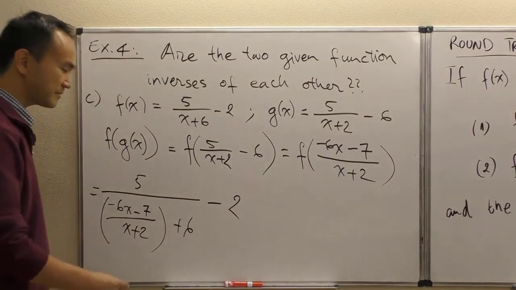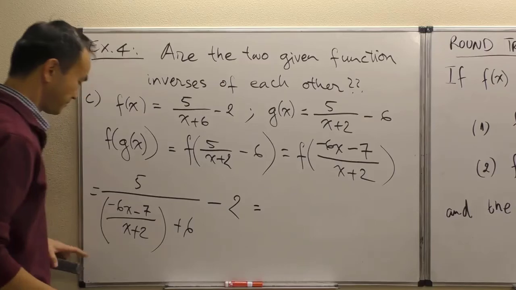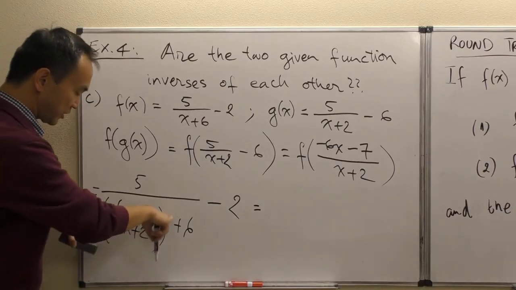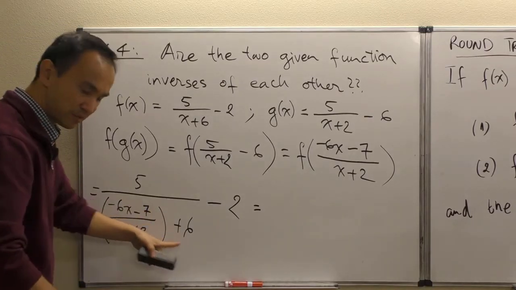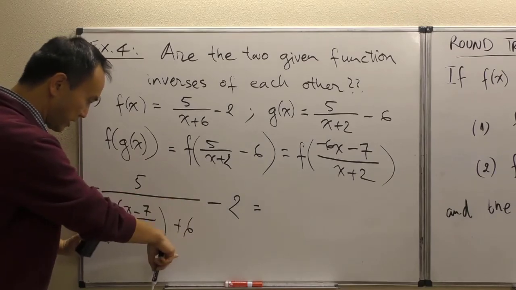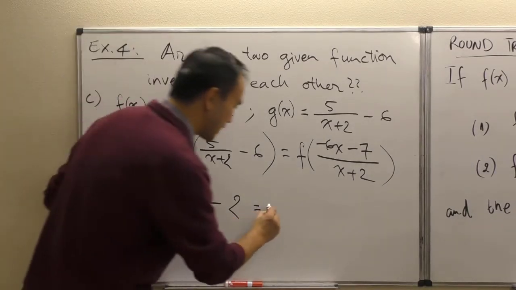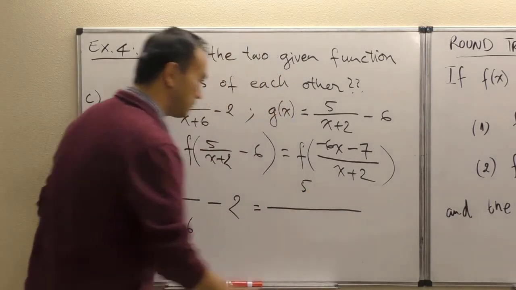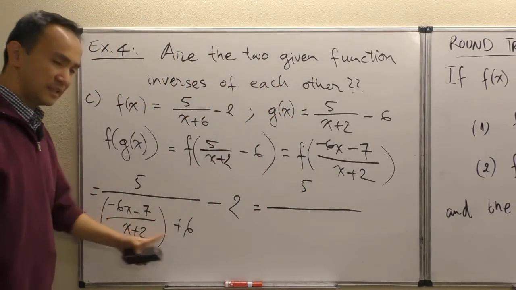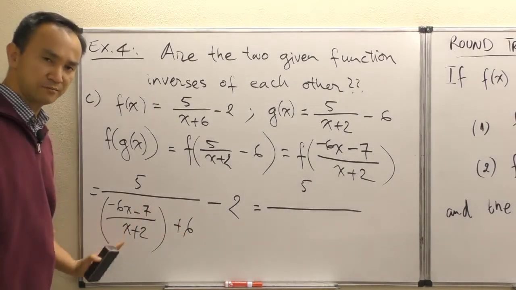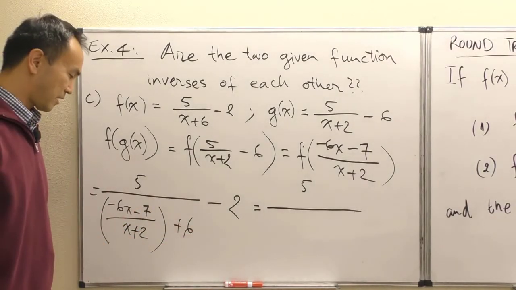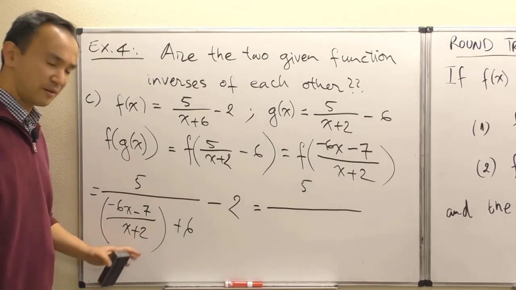So in my next step, I will bring these two together. This is one fraction plus a number, and those two terms together stay in the denominator of a bigger fraction. Let's leave that 5 on top for now, and make a common denominator to bring these two terms into one fraction.